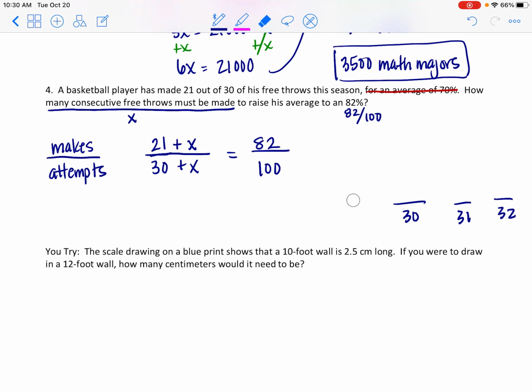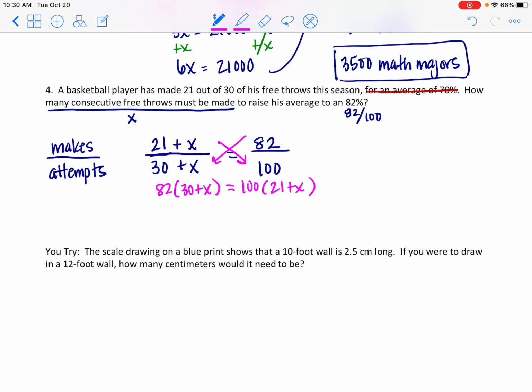Okay, so now we have our equation. So these are proportional. We're going to cross multiply. So the 82 is going to have to distribute to 30 plus x, and the 100 is going to have to distribute to 21 plus x, and those have to be equal.